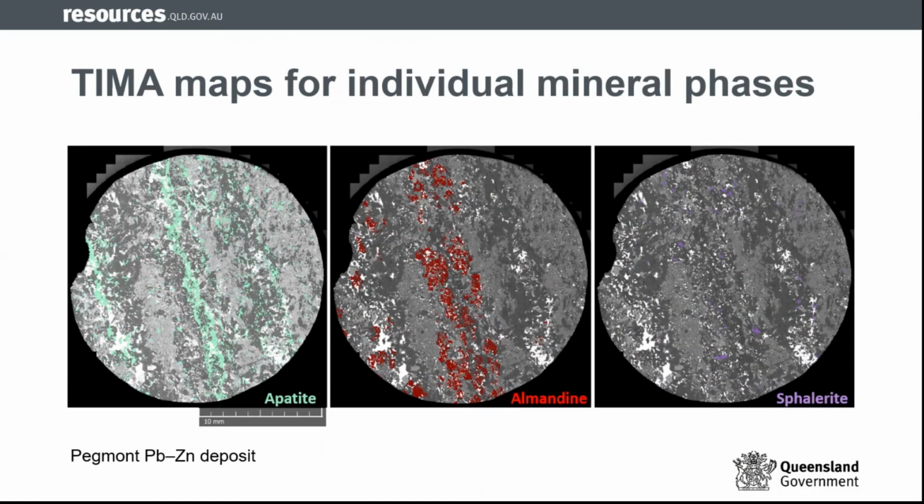Another benefit of the TIMA instrument is that we can produce these maps with individual mineral phases overlaid on the backscattered images. You'll notice we have so many different collaborators in different universities.